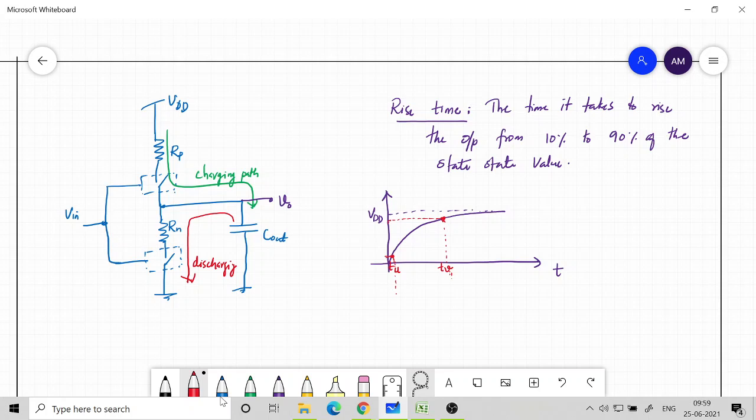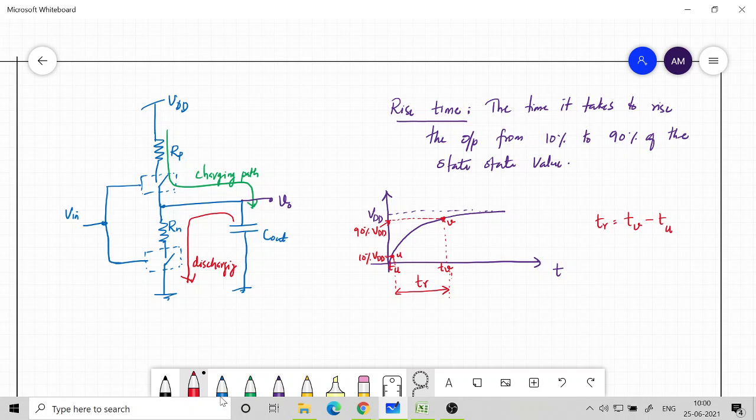T rise is basically TV minus TU. I just denoted the 2 points: U corresponds to 10% of VDD, and the other point is 90% of VDD. VDD is this much, 90% is this much. So that is our V point. So TV minus TU is what we call the rise time.